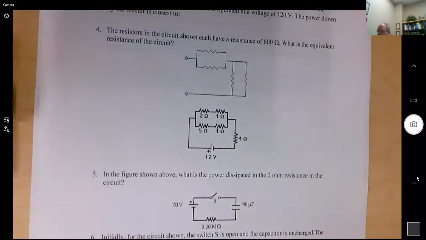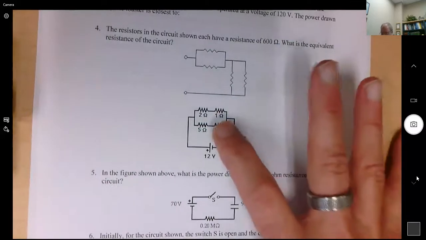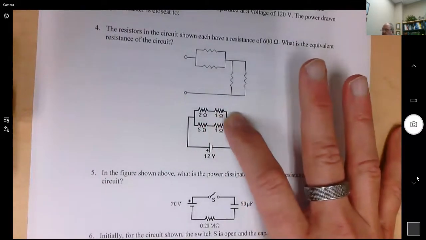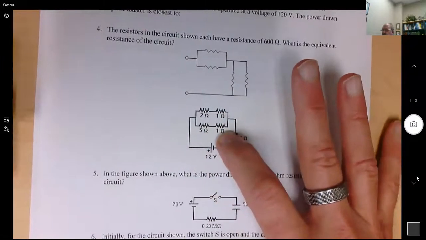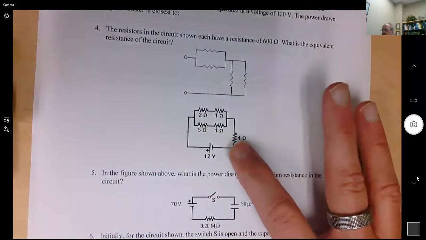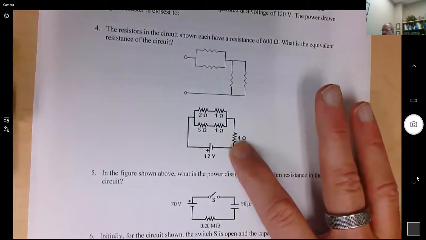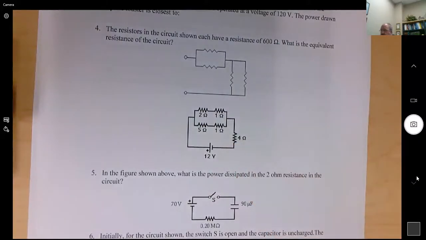We have a 2 ohm resistor here. We have a 1 ohm resistor here. We have a 5 ohm resistor here. We have a 1 ohm resistor here. And we have a 4 ohm resistor here. Okay, so we want to know what's the power dissipated in the 2 ohm resistor.